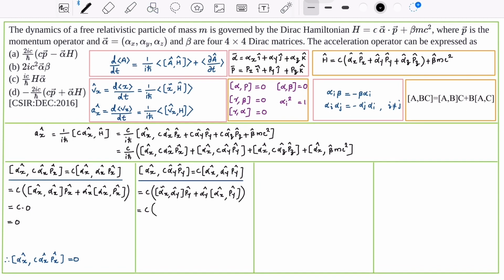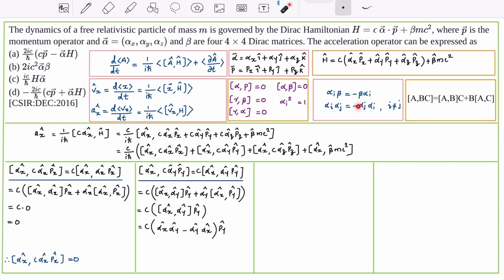Therefore, our commutator becomes c times the commutator of alpha x and alpha y, py. This is equal to c times alpha x alpha y minus alpha y alpha x, times py.